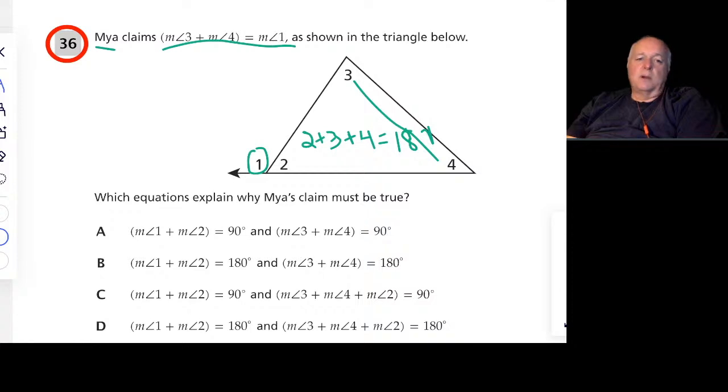We also know that 1 plus 2 is 180, right? This is on a line. So I'm going to write that backwards: 2 plus 1 is equal to 180.